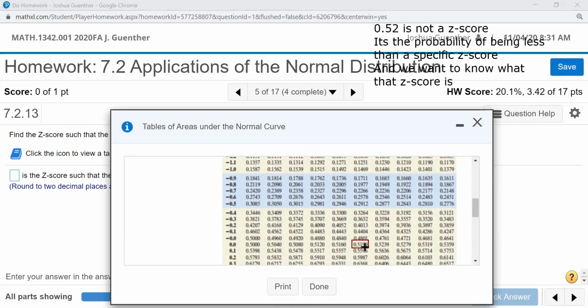And now we need to figure out the z-score that corresponds to that. Well, it's going to be 0.0 and then 0, 1, 2, 3, 4, 5. So 0.05 is the z-score that has roughly 0.52 of the probability to the left of it, of the area under the curve to the left of it.